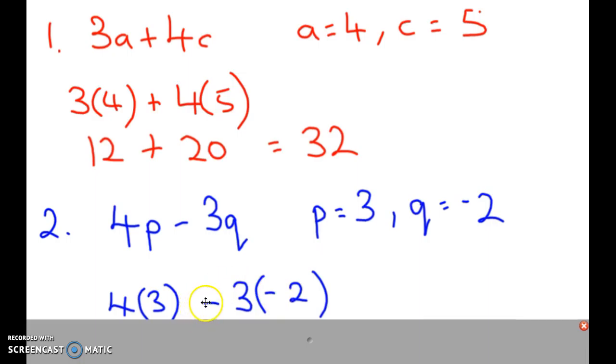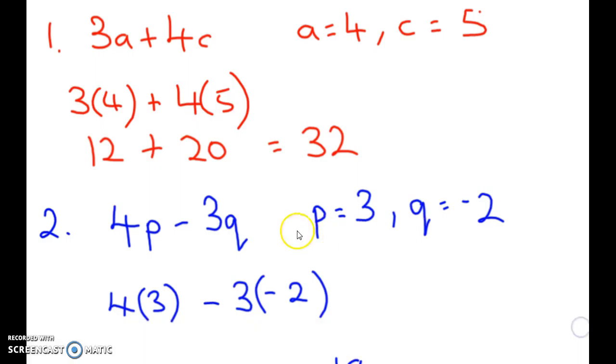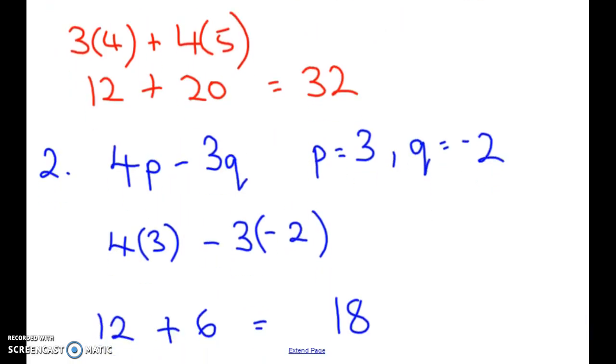So we're subtracting minus 6. And when you subtract a negative number, that results in an addition. So what you're going to see is 12 plus 6, not 12 minus 6. Watch out for that, because something like that is highly likely to turn up on your GCSE paper.